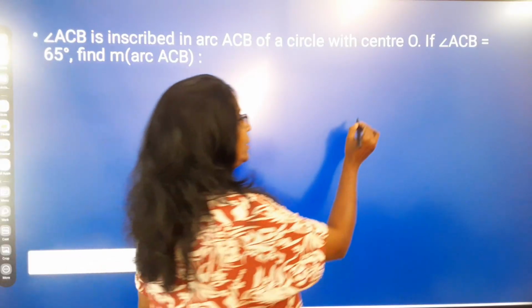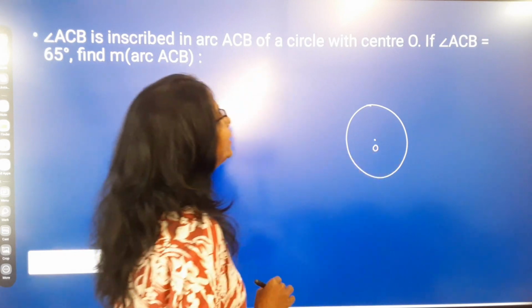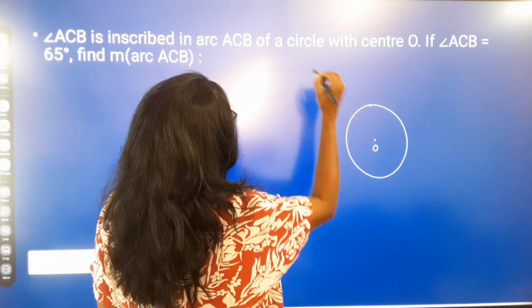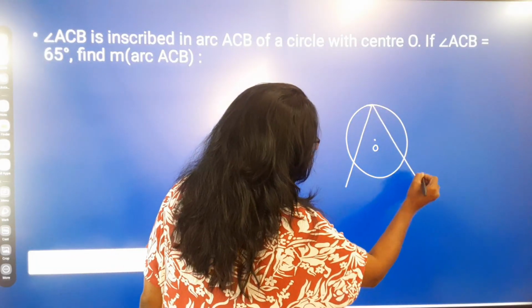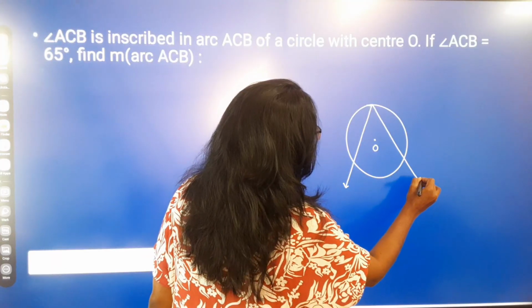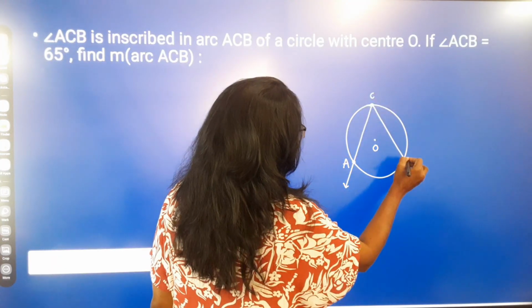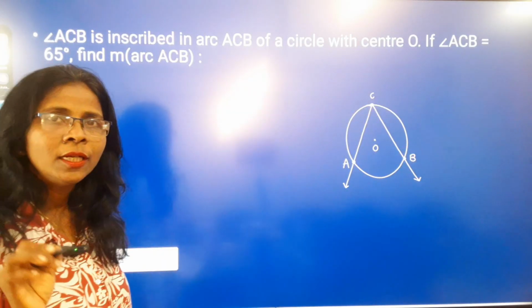So here there is a circle with center O and then there is an angle ACB inscribed in arc ACB. So here I draw this way, that is the angle ACB and it is inscribed in the arc ACB.